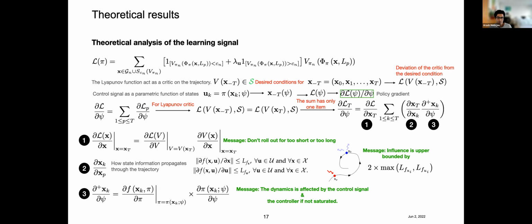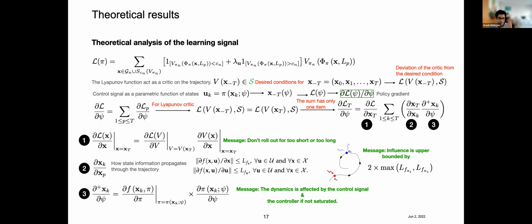This is not in our hands, but we can detect it. For example, if the dynamics is very slow, then the change in the current state, which is caused by the controller, does not lead to a big change in the future states. This is also important to know, because when we know that the dynamics is slow, we have to compensate for it with the other components.